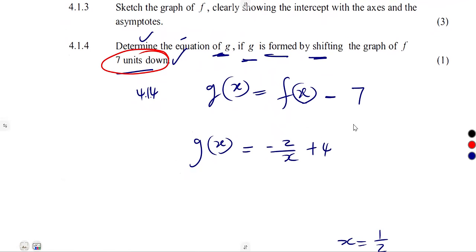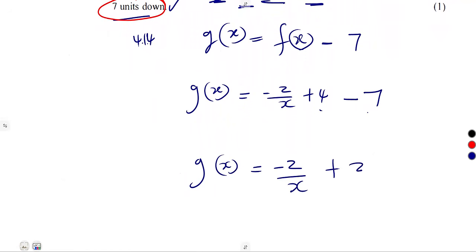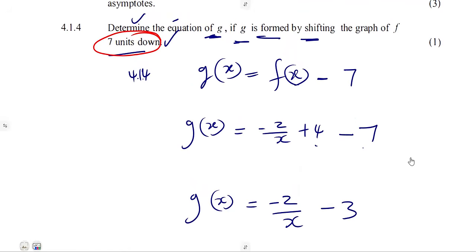From that f of x, they are saying subtract 7, because it was taken 7 units down. So you subtract 7 directly on your f of x. There are no further adjustments. Then simplify 4 minus 7, which is minus 3. So at the end, this is the new function that is representing g of x.